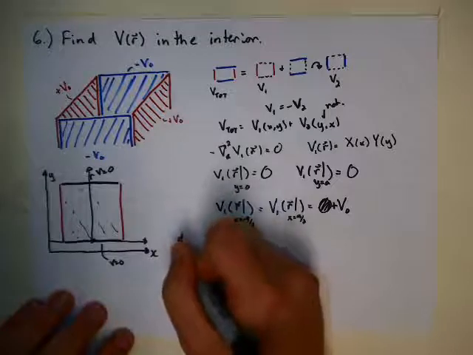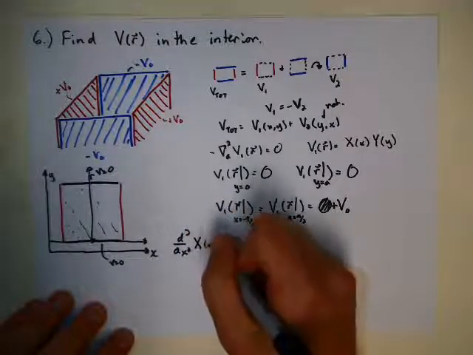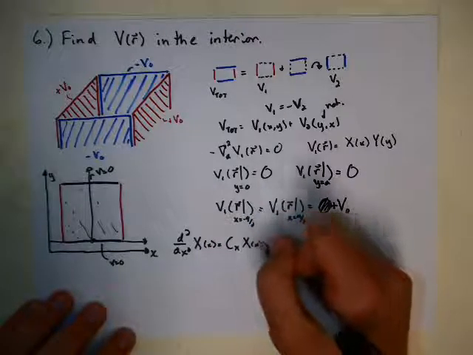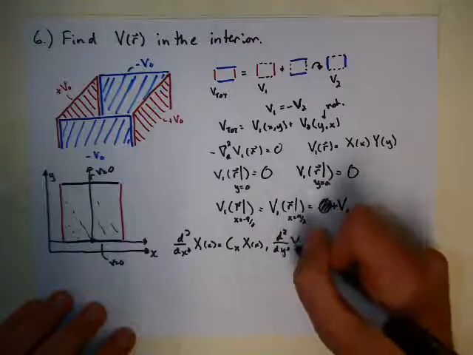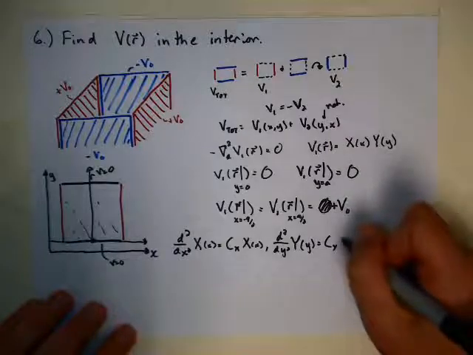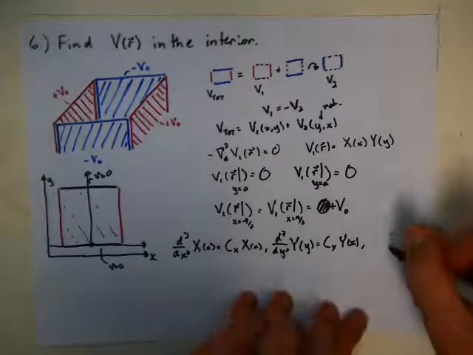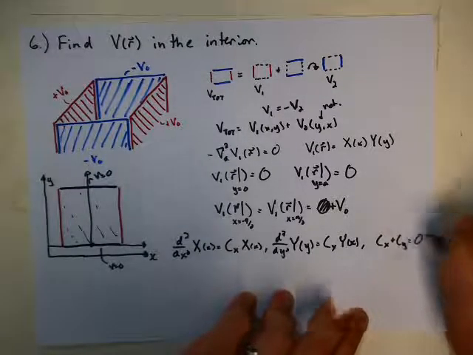The second derivative of X is some constant times X. I'm going to get the same structure for y: the second derivative of Y is some constant times Y, and my constants are related to each other. They have to sum to 0: Cx plus Cy is equal to 0.